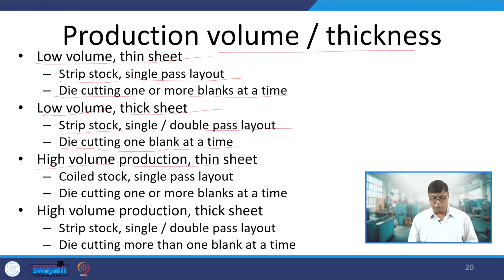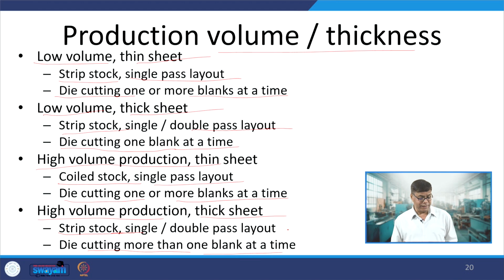For higher volume production with thin sheets, coiled stock is used and a single pass layout, in die cutting one or more than one blank at a time. For high volume production with thick sheets, strip stock is used, with a single or double pass layout and die cutting more than one blank at a time.